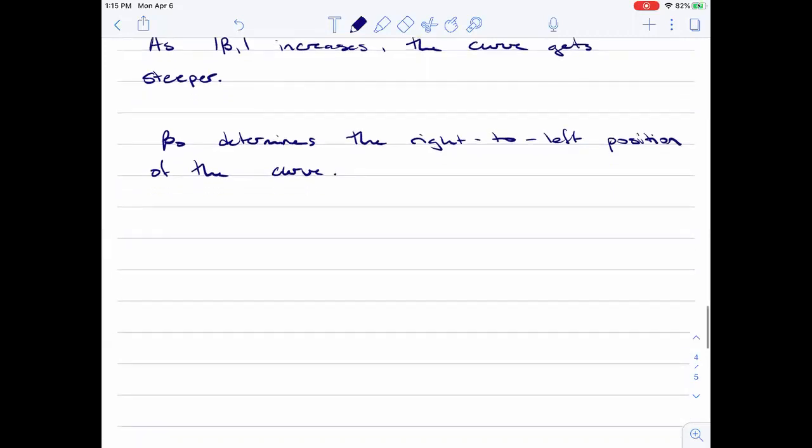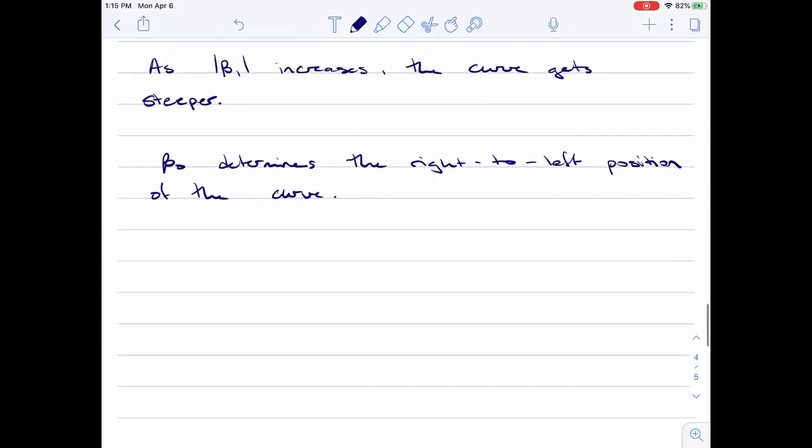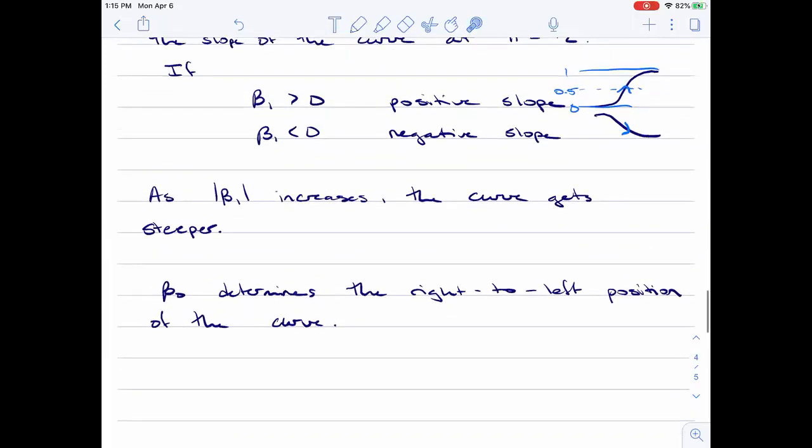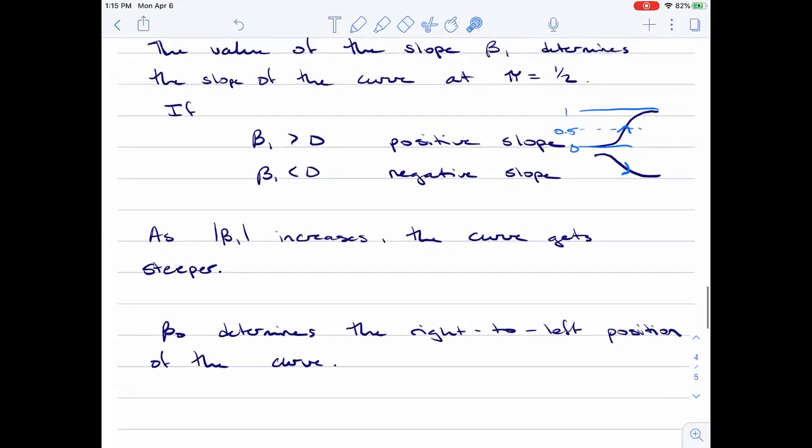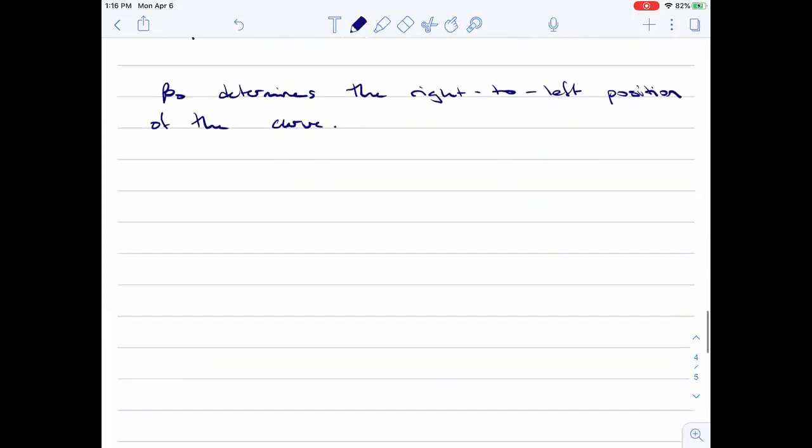And then just as a rule, the midpoint here is going to correspond to an x value that's at negative beta naught over beta 1, and that's just a rule. So the slope tells you something about how it behaves at pi equals 1/2.